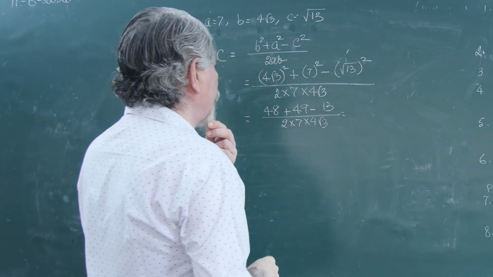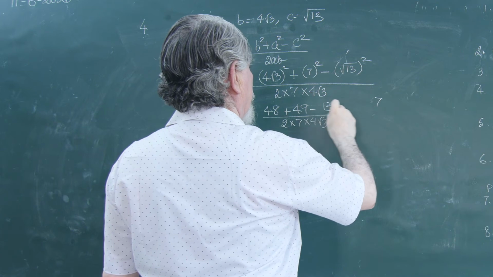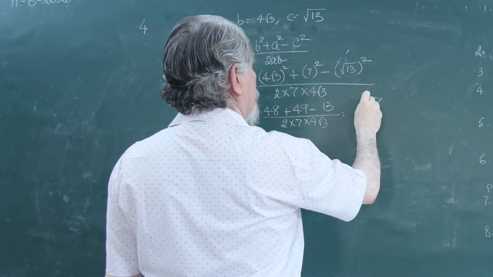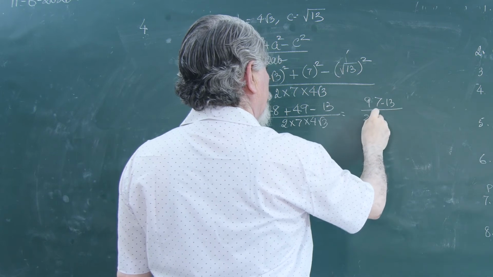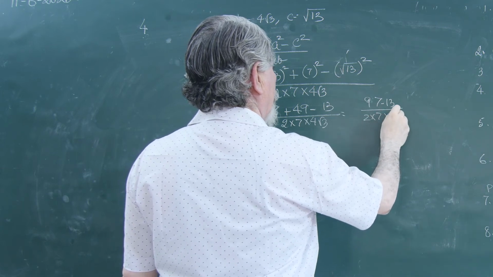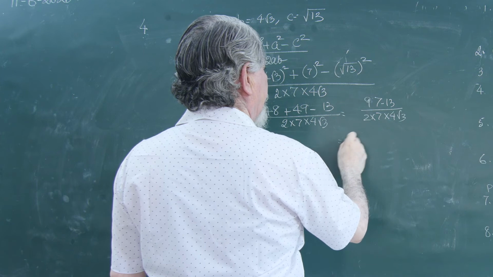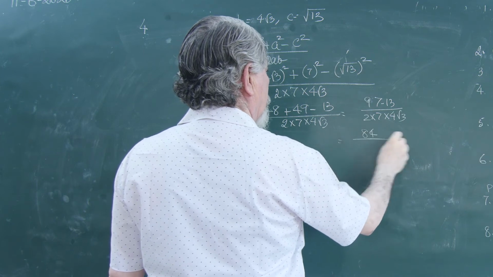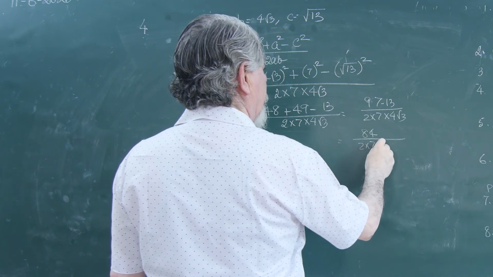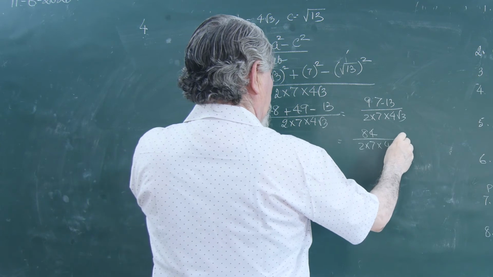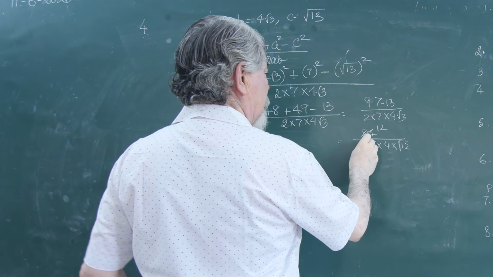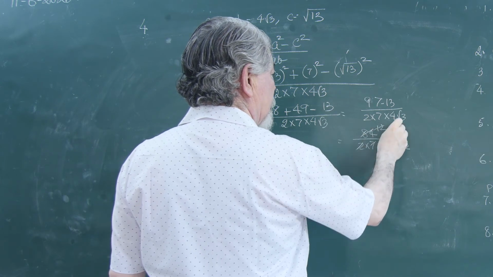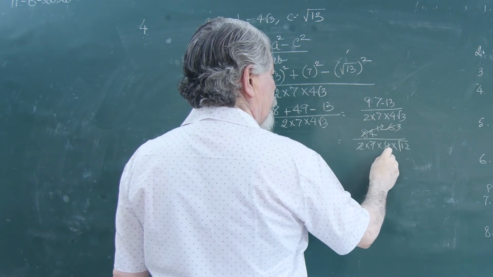48 plus 49, 97. 97 minus 13 upon 2 into 7 into 4 root 3. It will be 84 upon 2 into 7 into 4 root 3. 12 times it will cancel. 2 6s are 12, it will come. 2 3s are 6, 2 2s are 4.